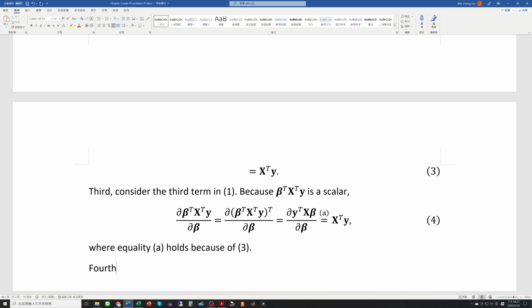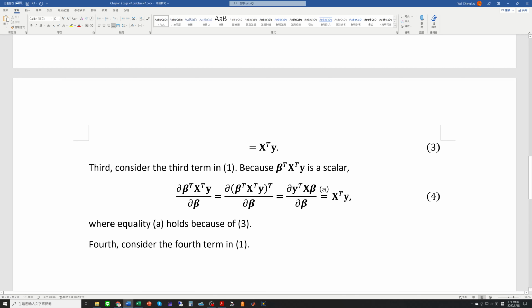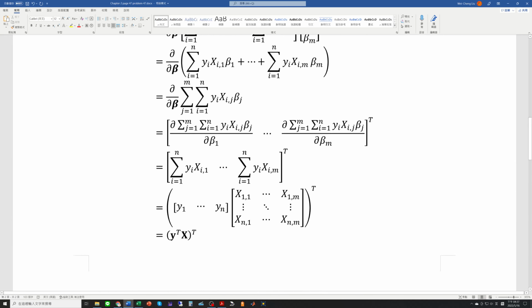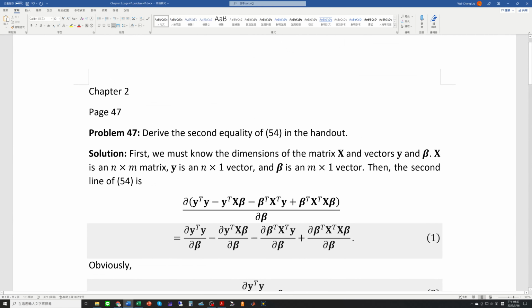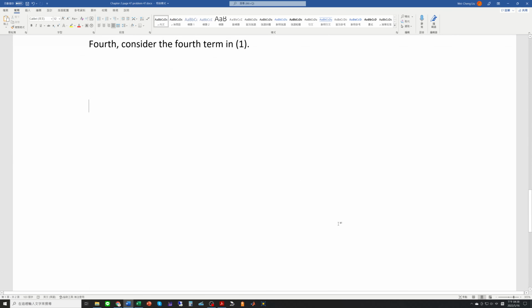And the fourth step, consider the first term in equation 1. So let us first copy this term and paste here.